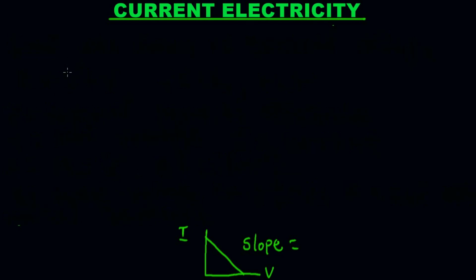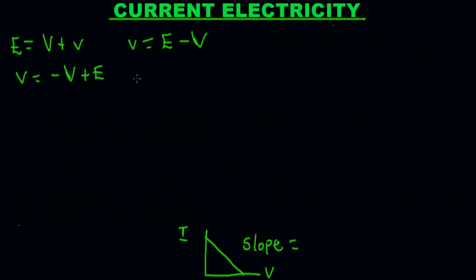So since we said that the EMF is equal to our terminal voltage plus our lost voltage, making this lost voltage the subject of the formula, we have v is equal to E minus V, yes, minus the terminal voltage. And then we could rearrange this further by saying v is equal to minus V plus E. Good.